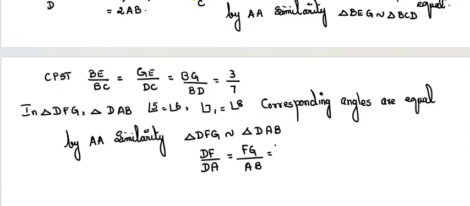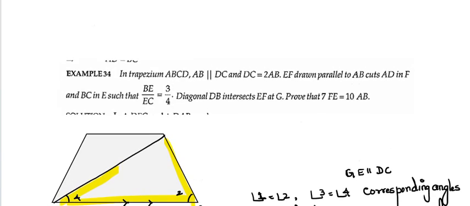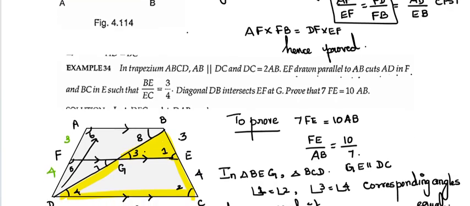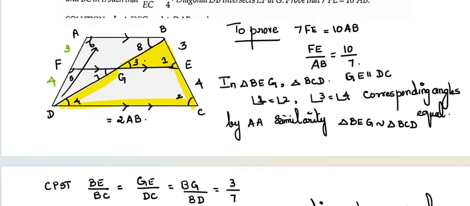Don't make that mistake, look carefully. They haven't given it. No, they have given 3:4. Sorry, 4 by 7. Wait, we haven't reached 4 by 7 yet. These two triangles are similar, but we already got 3 by 7. No, that result we have to use there.